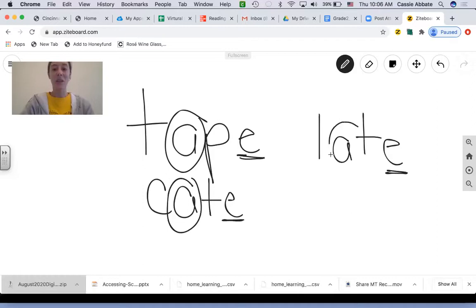The A makes that long A sound. Very good. Okay. All right. So we're going to go ahead and take a break from writing these words down. And we're going to go ahead and do some more blending with having the sounds, putting the letters with the sounds, and saying what the new word is. Okay.